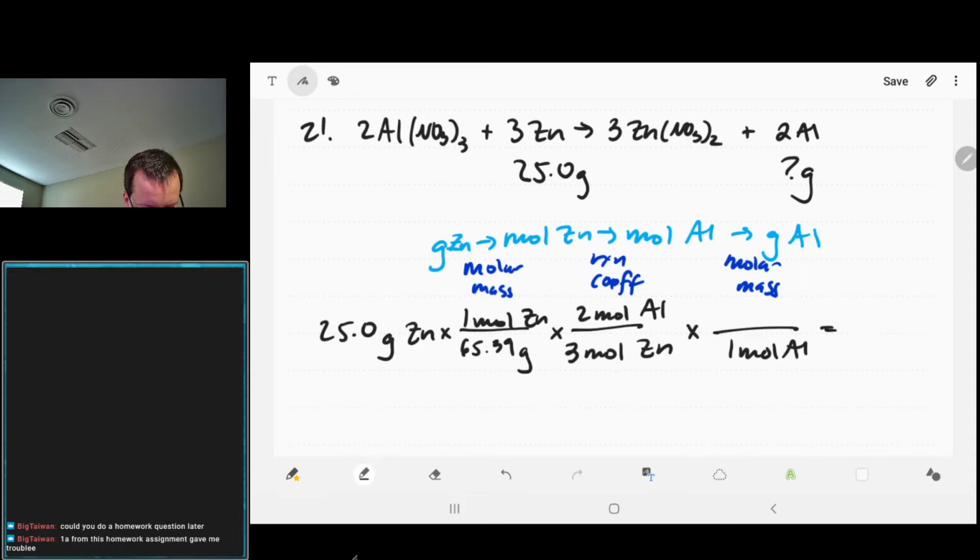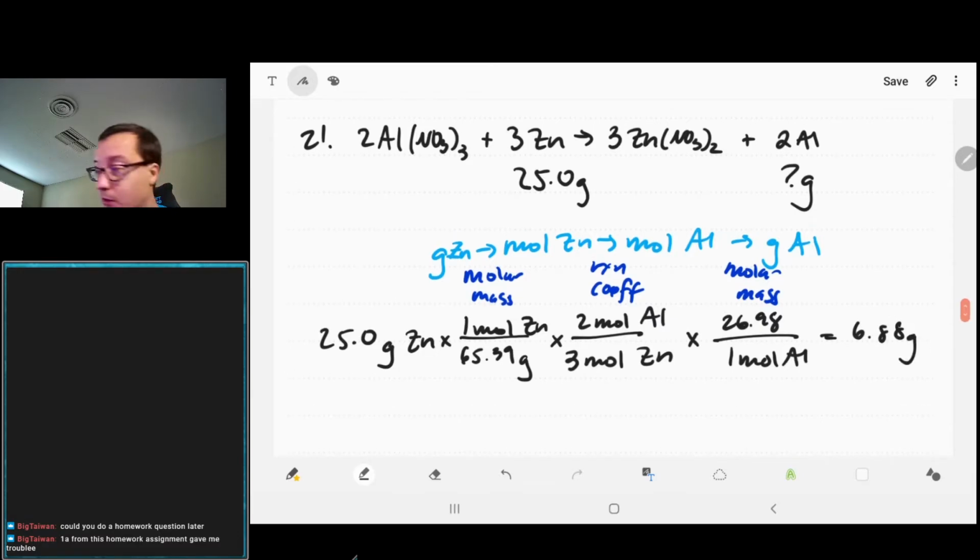And then for aluminum, we have 26.98. Alright. Calculator time. 25 times 65.39 times 2 over 3 times 26.98. Doing this, we get 6.88, I'll say. If we have 3 6 is that one of the answers? Yes, it is. This time it was C. Hooray!